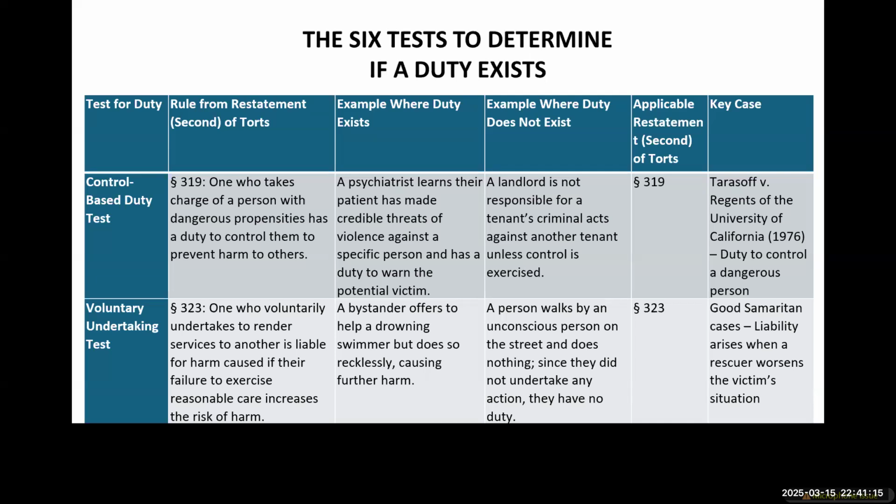So your client has made a credible threat of violence against someone specific. Not a general threat, a specific threat, not at the general population, at a specific identifiable person.